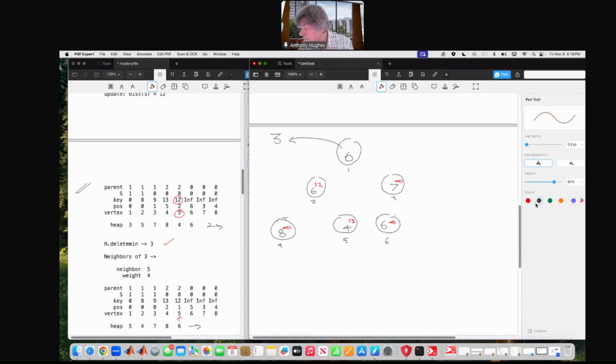Right. Are you all good? Got a thumbs up? So the heap looks like this? Coming from a homework question? Yes? We have an agreement that the heap here, just reading them off, is 3, 5, 7, 8, 4, 6, and we've moved 3 out. So 6 itself is infinity.